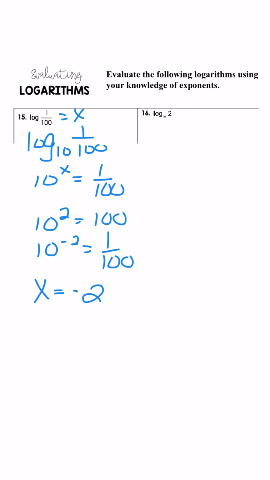So on number 16, if we set this equal to x, then we have 16 to the x power equals 2. If I work to try to get the same base on this, I know that off to the side here, I know that 2 to the 4th power equals 16.